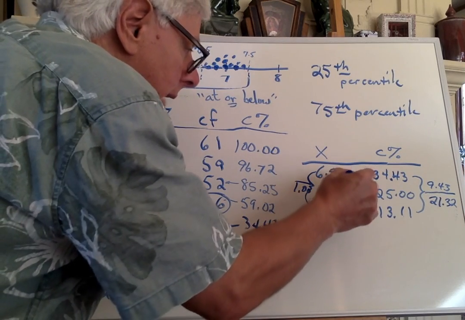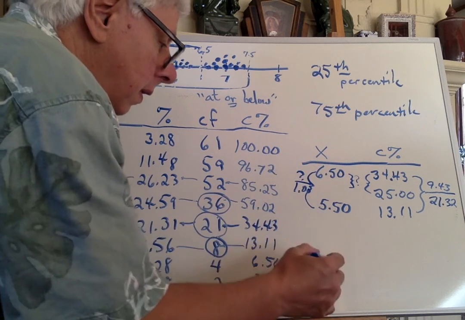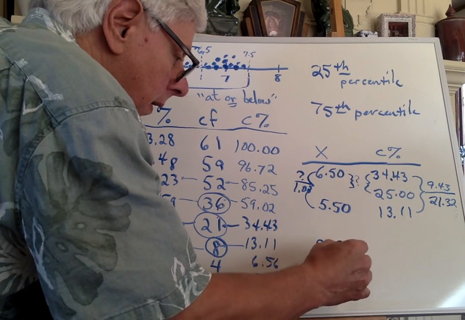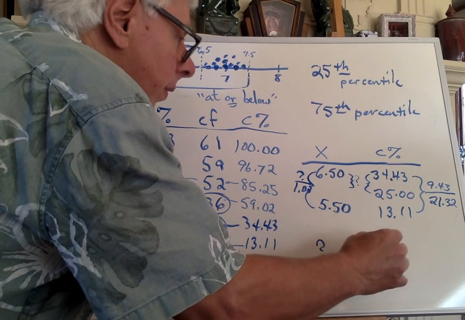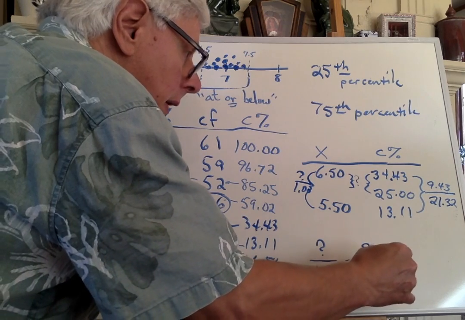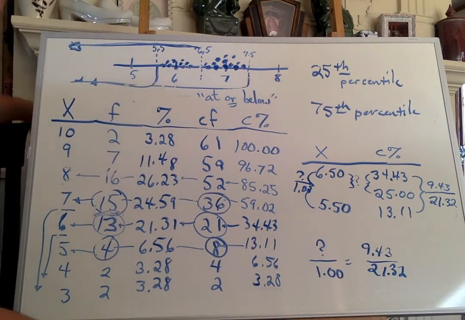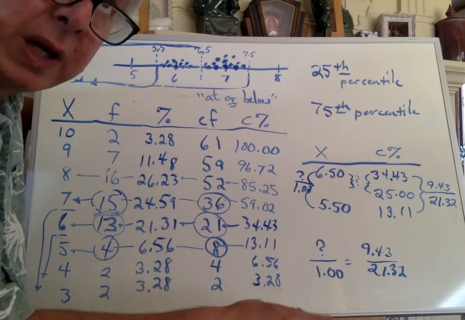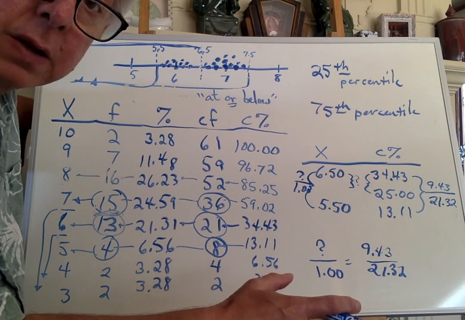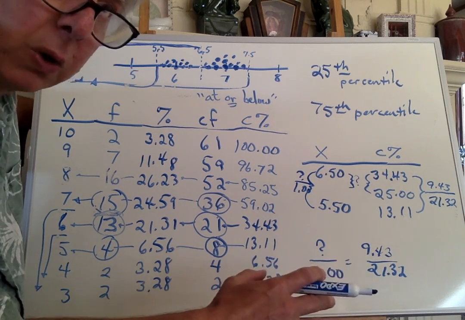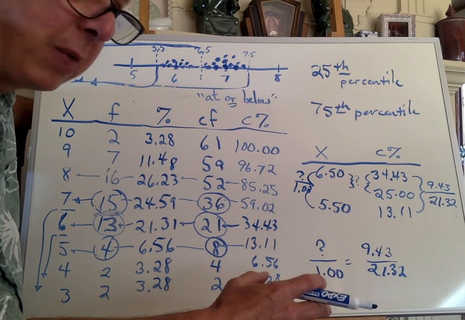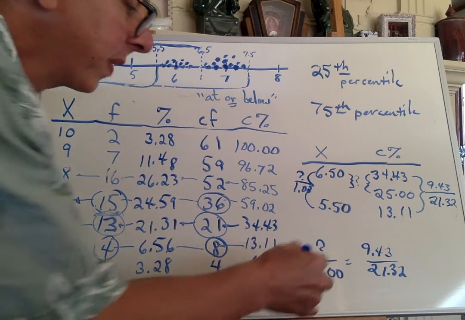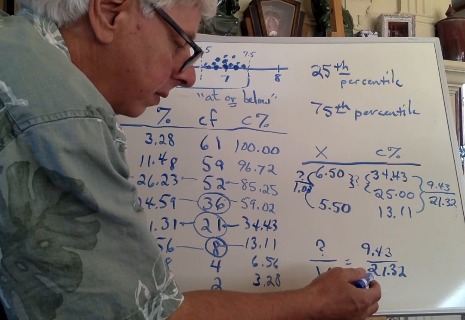I want to figure out how far out of 1 is equal to 9.43 out of 21.32. Okay. If you got this far, you should give yourself a big fat pat on the back, okay? Because you've done it, and this is cool. You don't need to be ashamed of it. You don't need to be afraid of it. This is cool.